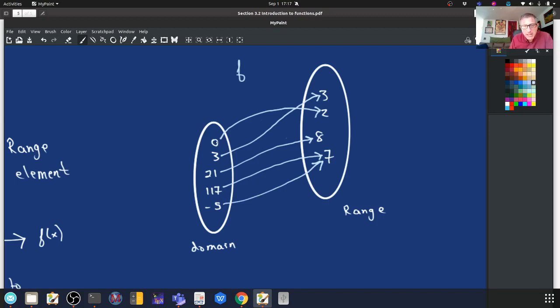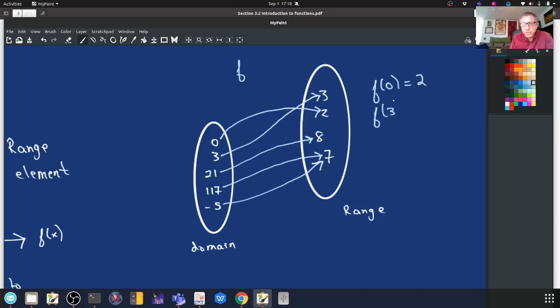So what would make it not a function is to try to map 0 to two values. 0 goes to 2 and 0 goes to 8. Can't have that. So in our function notation, we would write f of 0, because it is a value, right? It's the value of the transformation of f, what f does to 0. So f of 0 is 2.